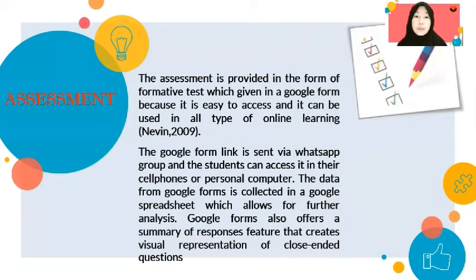The data from the Google Form is collected in a Google spreadsheet, which allows for further analysis by the teacher. Google Form also offers a summary of responses feature and creates visual representation of the closed-ended question, for example. So after the student does the exercise, directly the teacher can check the result of the student achievement.